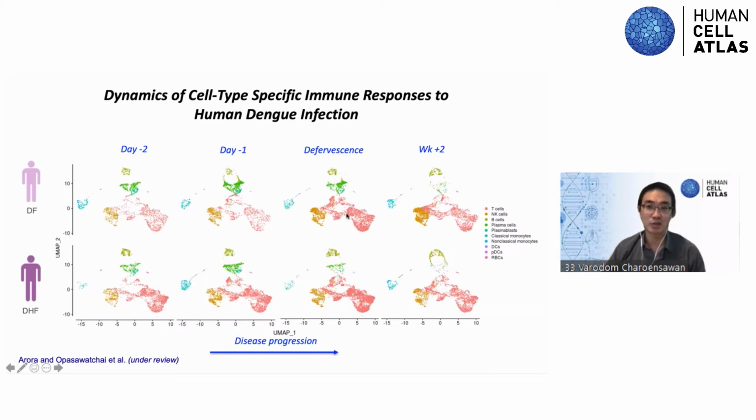T cells tend to be most expanded at the day that the fever subsides, whereas B cells or plasma cells tend to peak at day -1, so that's just 1 day before the fever subsides. Of course we have only 2 patients right now, but the trends of how different cell populations go up and down are incredibly consistent between these 2 patients.